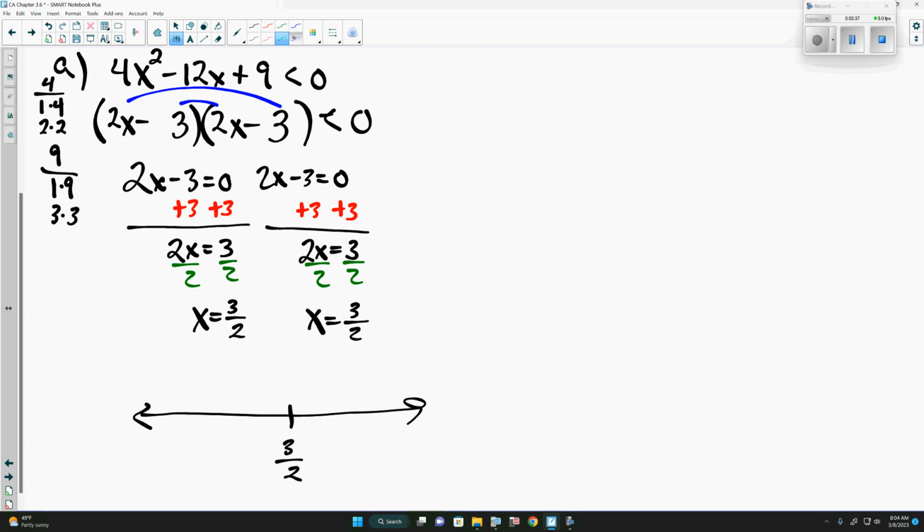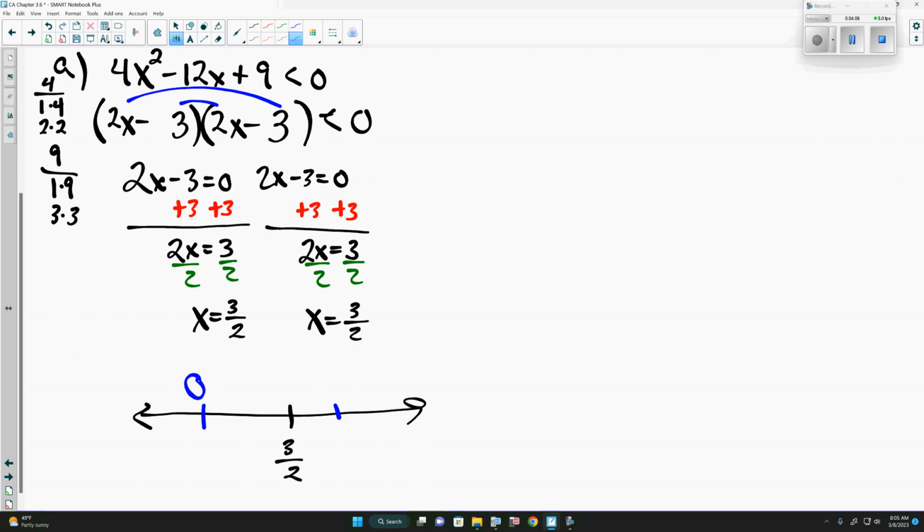So, unlike some of the graphs that we had Monday, where we had 3 different spots, because we normally had, say, 2 places where it was 0, so we checked in between those 2 points in either side. Here, we only have 2 spots that we really need to check. So we need a number less than 3 halves. And what is a nice number that's less than 3 halves? 0, yes? 0 is a nice number.